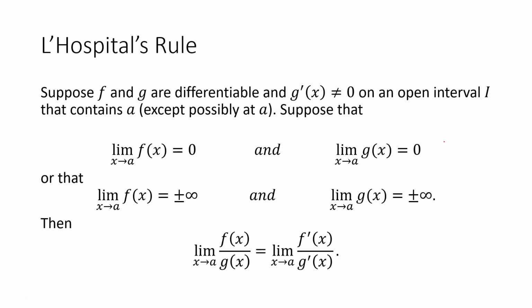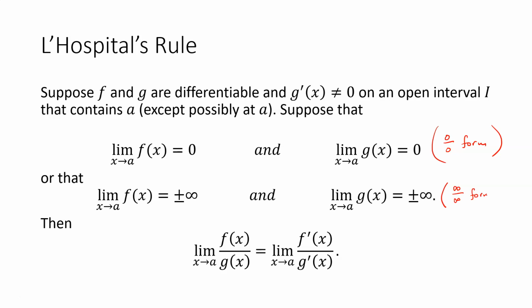In other words, it's in the 0 over 0 form. Or that the limit of f of x is either positive or negative infinity, and the limit of g of x is positive or negative infinity. So we can also use the rule when it's in that infinity over infinity form.